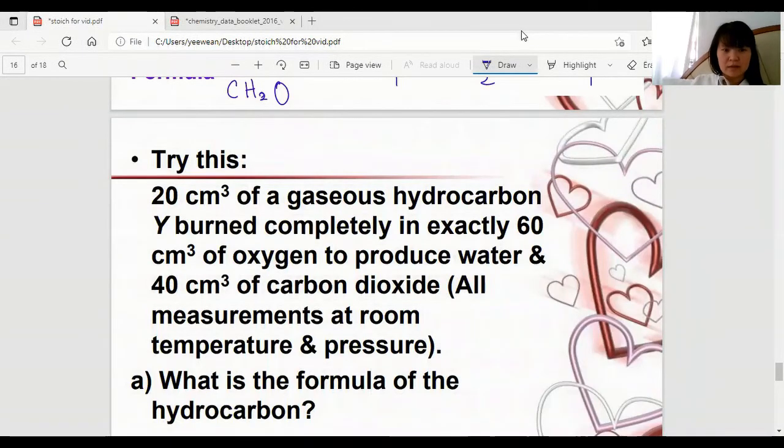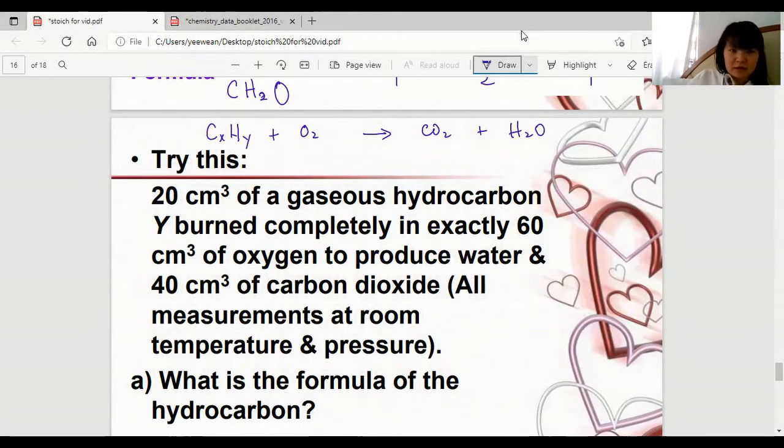Next, 20 cm cubed of a gaseous hydrocarbon. This time it's a hydrocarbon, so CxHy. Burn completely in oxygen, O2, to produce water and carbon dioxide. All of this measured in the same room conditions.